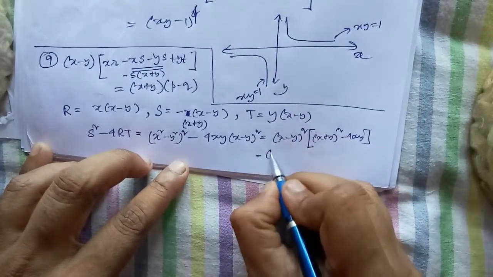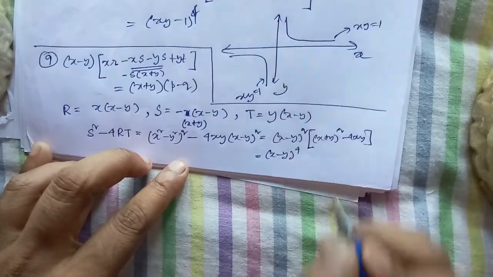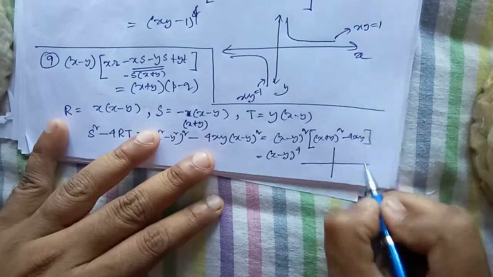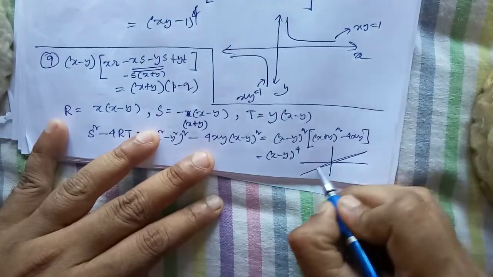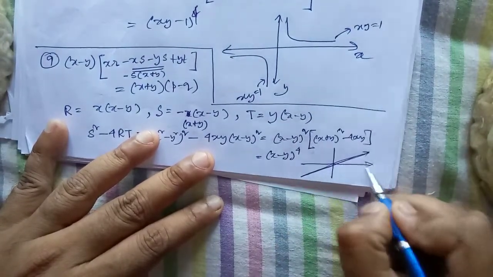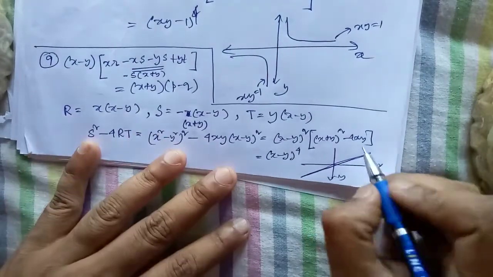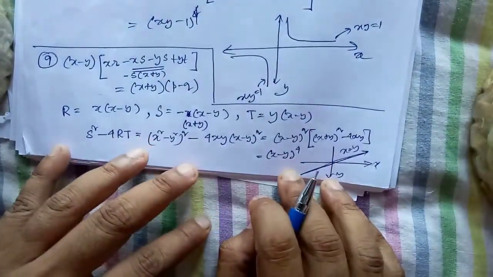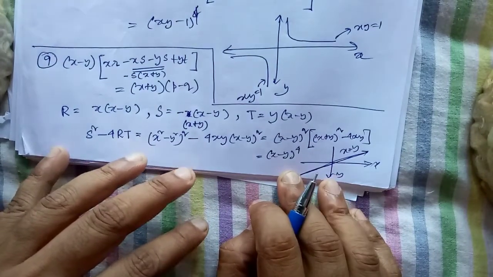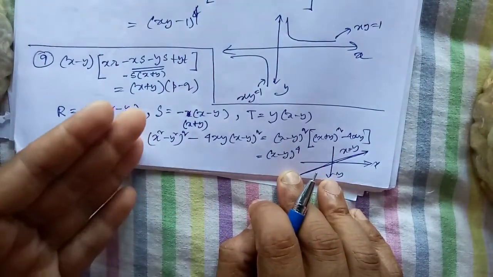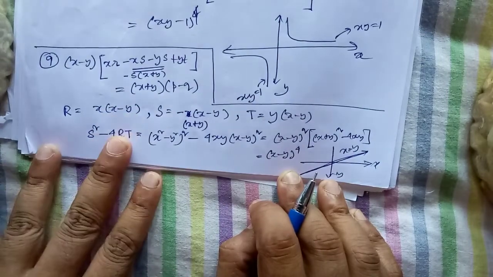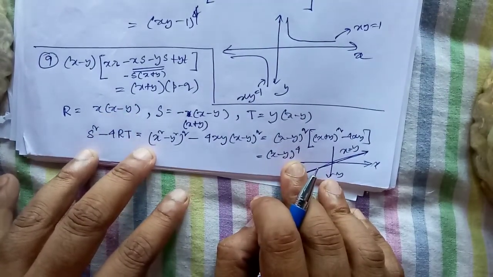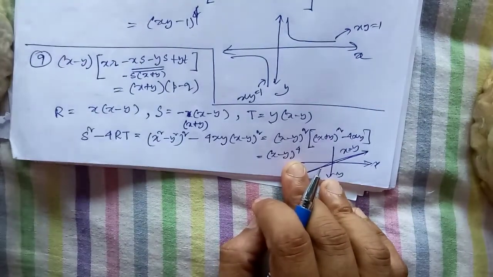So ultimately you have (x minus y) to the power 4. Now this is saying that whenever you are on the straight line x equal to y in the xy plane, you will have a parabolic differential equation, and whenever you are out of this straight line you will have a hyperbolic differential equation, because this to the power 4 is going to be some positive number.